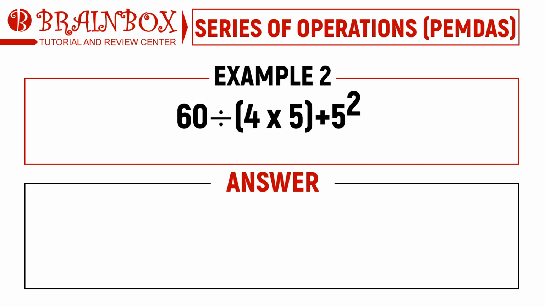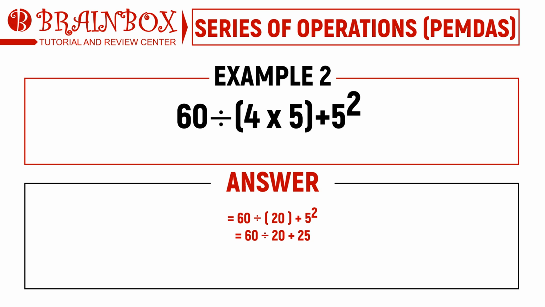The first step is to solve the operation inside the parentheses. This leads us to 20 after multiplying 4 by 5. Now we proceed in simplifying the expression with exponents. In the expression above, we were given 5 to the power of 2, which when simplified will give us 25.